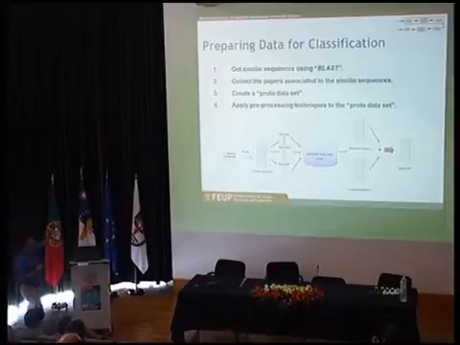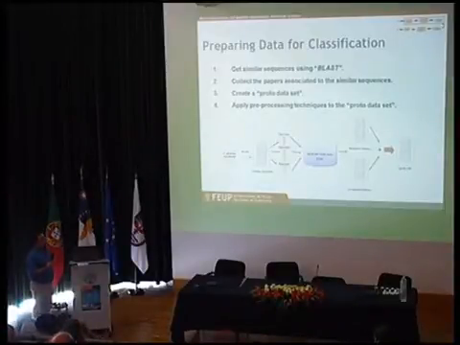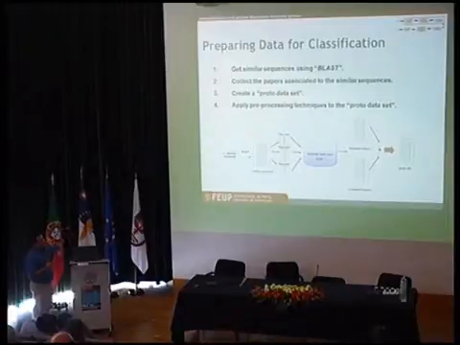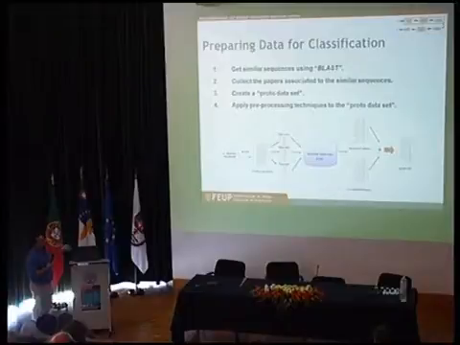Okay? Then with the references for those papers, we go to Medline and extract all the titles and abstracts from those papers, and we pre-process them, as I will explain later.